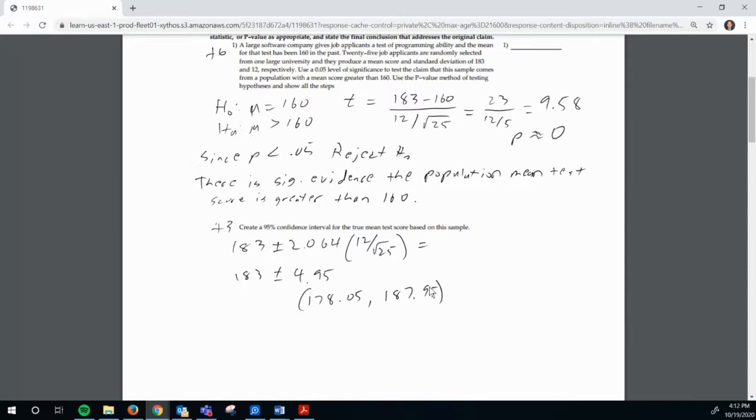And so what would be a type 2 error? The type 1 errors, we reject the null and say it's greater than 160, but it really isn't. Type 2 error would be what?